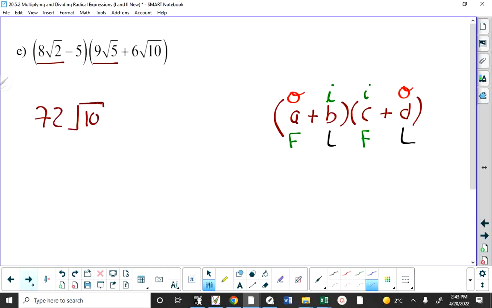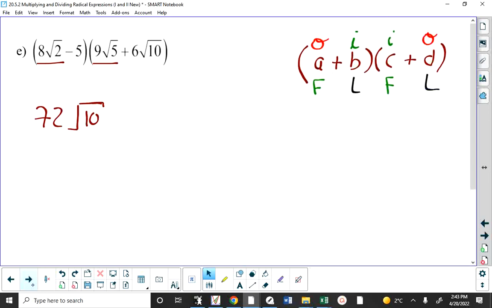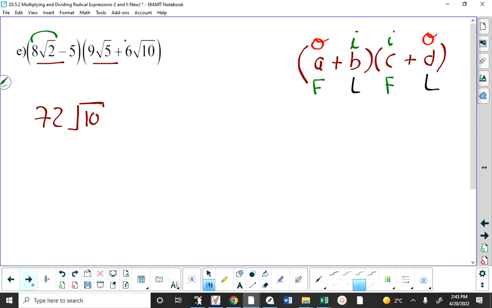My outer is 8 root 2 times 6 root 10. By the way, Ashlyn, there's nothing here that we can simplify to begin with, so we're stuck with it. My outer, now I am looking at this times this, is 6 times 8, which is 48. Root 2 times 10, which is root 20.